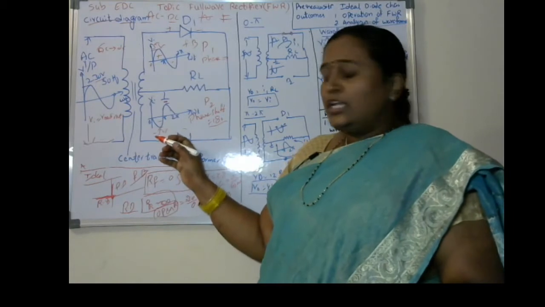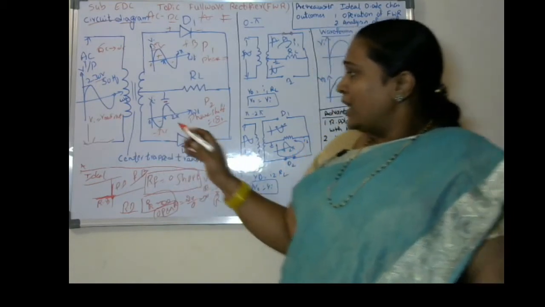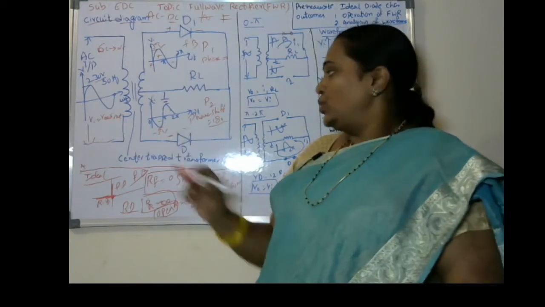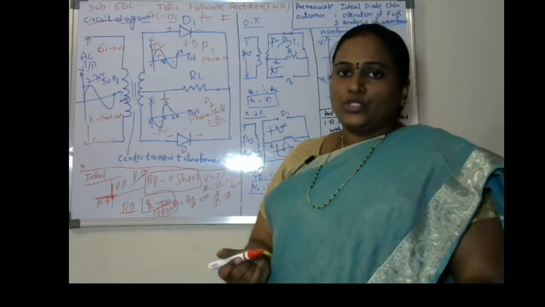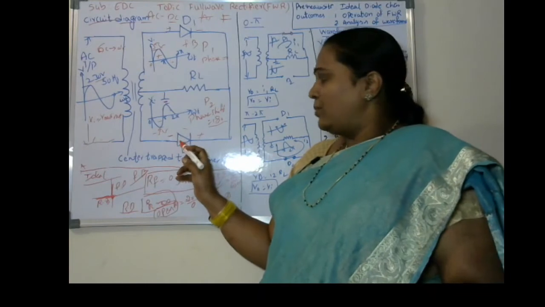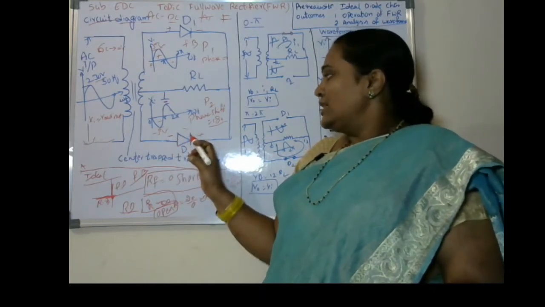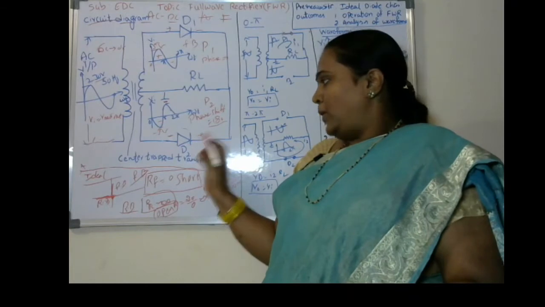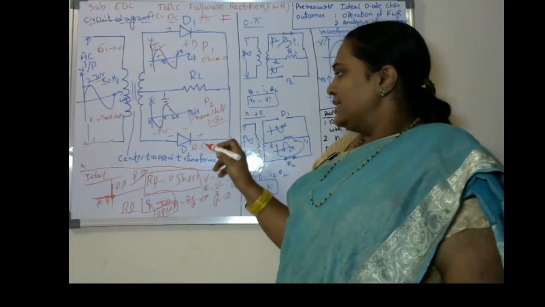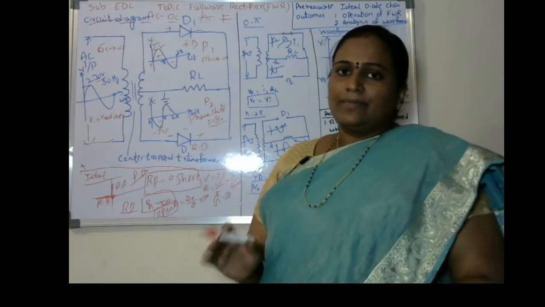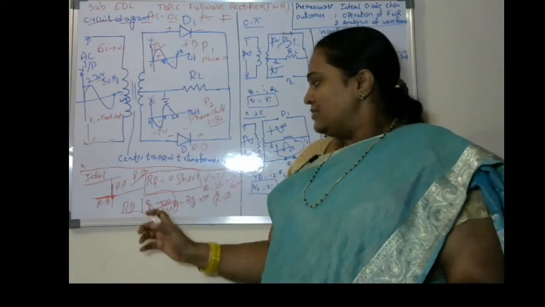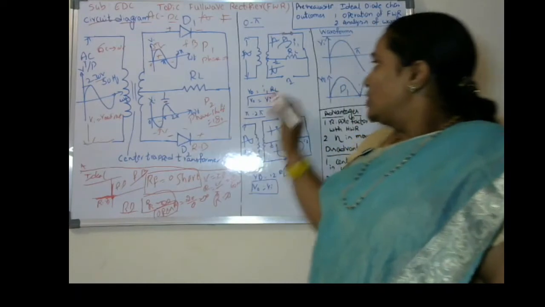So here we have a negative voltage at the P terminal and a positive voltage at the N terminal. Indirectly, I can say that diode D2 goes into the reverse bias condition. So diode D2 has been reverse biased. Once the diode is reverse biased, it acts like an open circuit. So it has been opened.